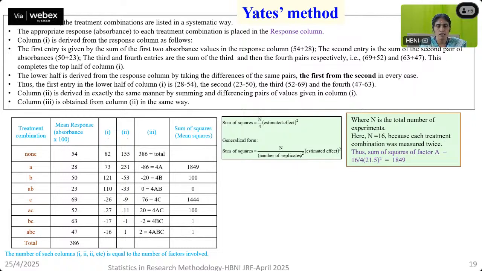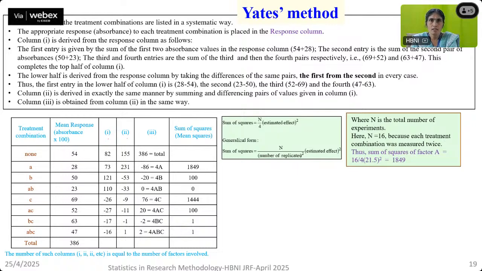I will explain how these column values are derived, and the final one. For example, for column 1, this method is called the Yates method, to derive the response function and calculate whether the data obtained has any significance, and what we can conclude from this data. And finally, we see which factor is going to affect the final output.